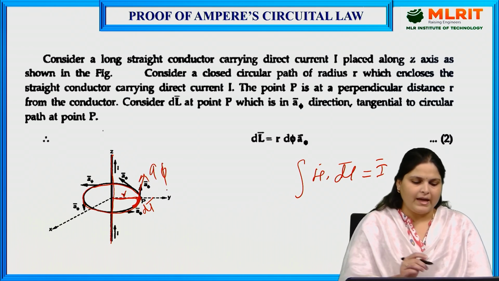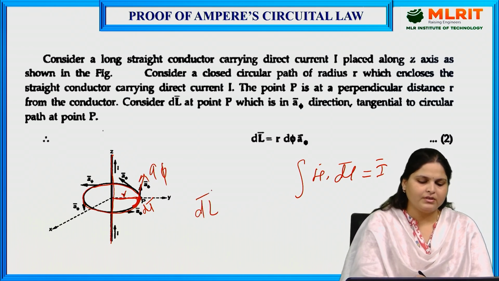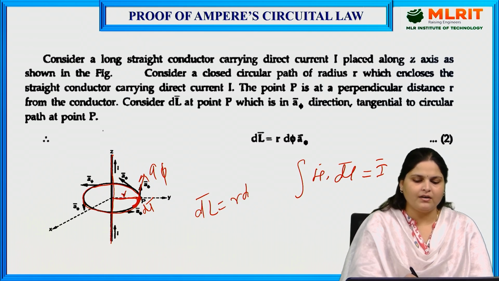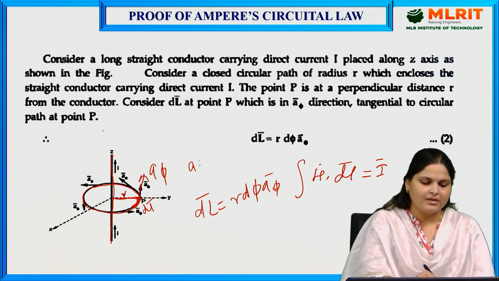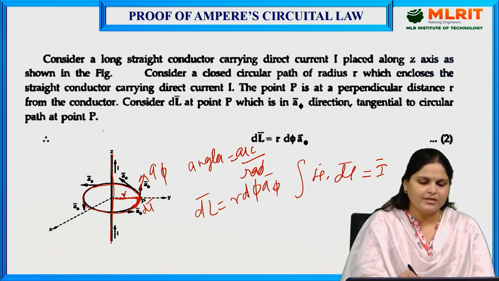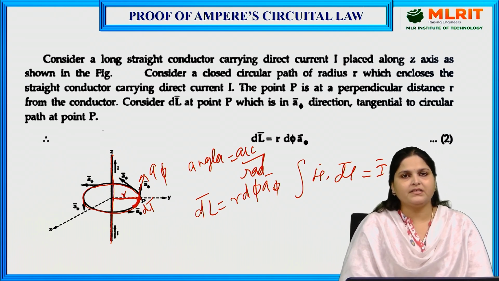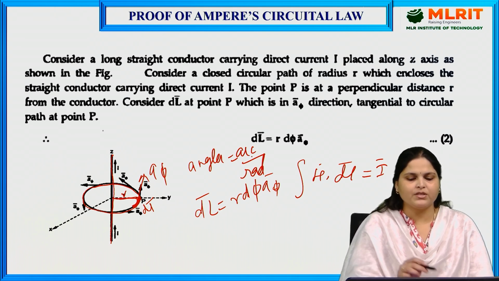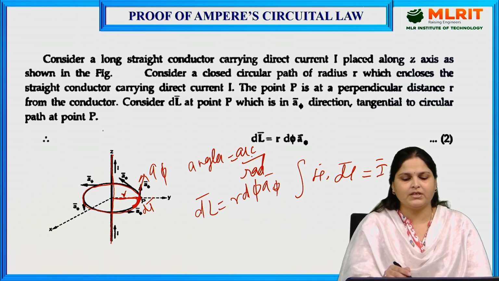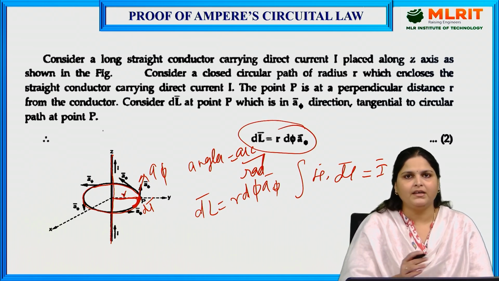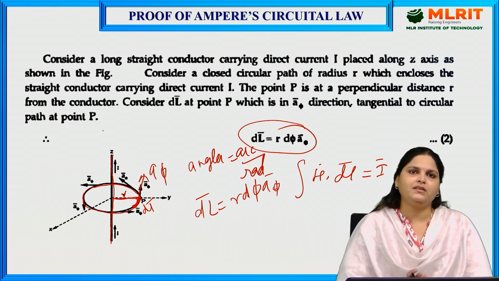We have to find the value of this dl, which is r d phi a phi, and it comes from the formula angle equals arc upon radius. So arc here is dl, angle is d phi, and radius is r. So arc equals angle times radius, which gives us r d phi, and a phi we are taking because it is in the phi direction.